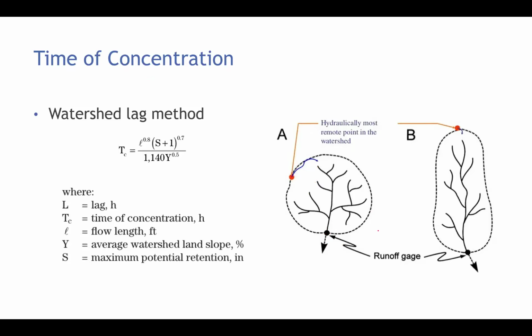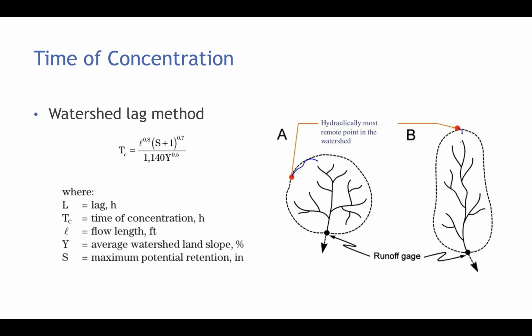Okay, so you may have different shapes of watershed. For example, the left side you call fan shaped or broad leaf watershed. Here it is elongated watershed, or you can also call it fern shaped watershed. So depending on the shape and the topography like slopes, etc., the time of concentration may vary.